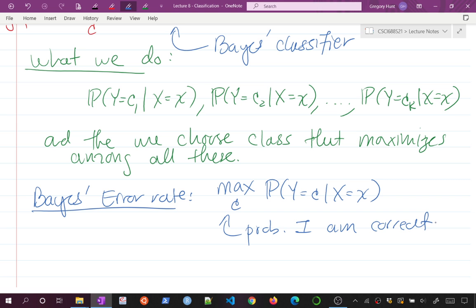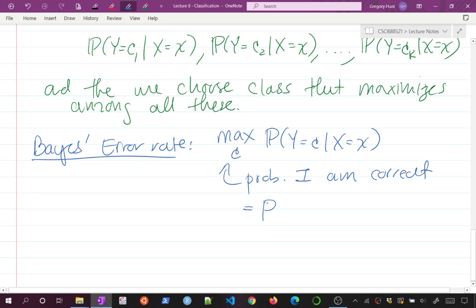What is the best I can do? The best I can do is what's called the Bayes error rate, which is basically the best possible if I use this Bayes classifier.